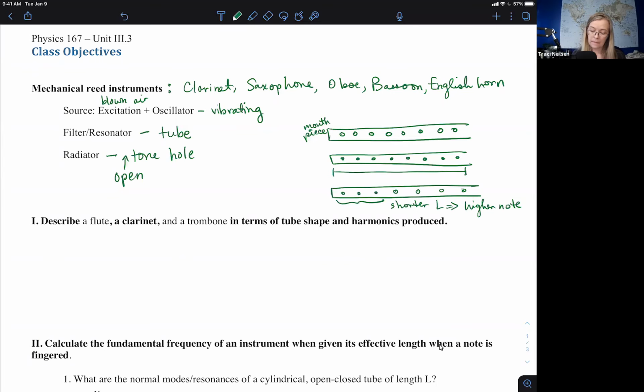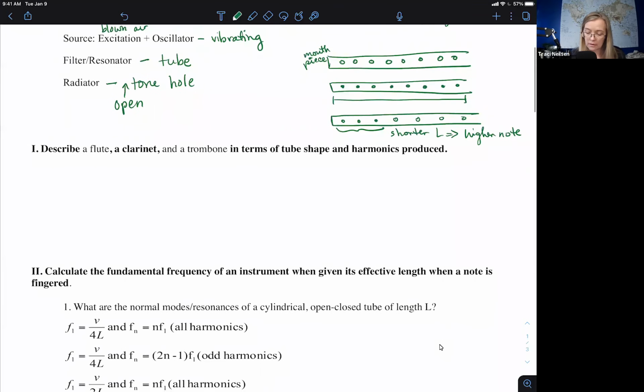Now with that tube shape, closed on the mouthpiece end and open at the tone holes or the other end, you have the clarinet. So the clarinet is modeled as a closed open cylindrical tube, meaning it's like a cylinder, meaning it's constant width all the way down.